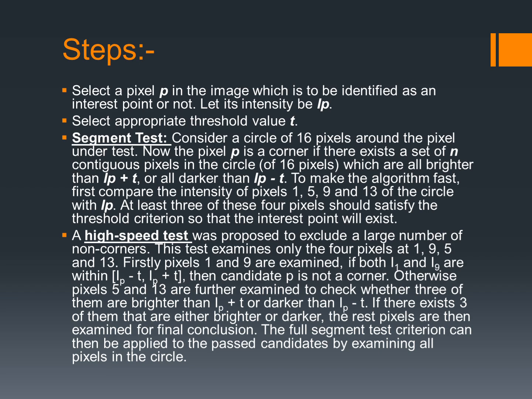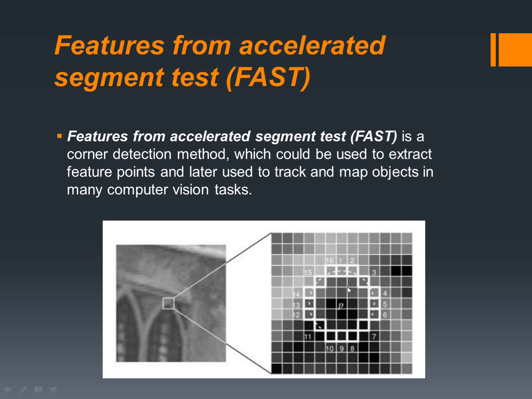First it checks these 4 pixels, 1, 9, 5 and 13, and if they satisfy, then it goes for checking all 16 pixels. So this is the high speed test: every time, instead of checking the whole 16 pixels, it just compares the 4 pixels, and if it's greater, then it will consider it. Let me give an example of that.